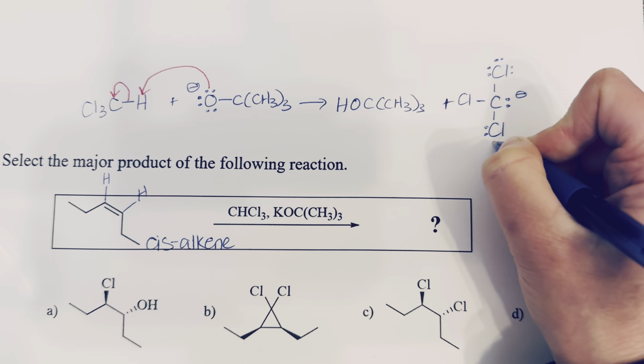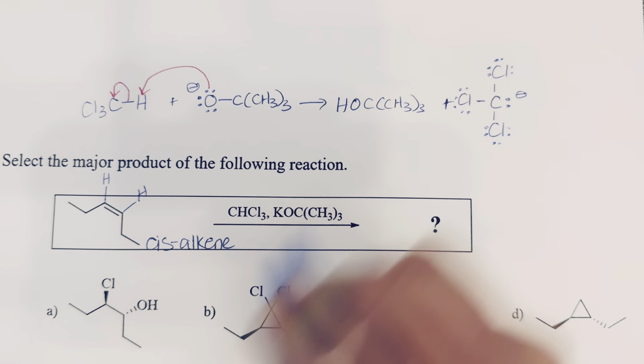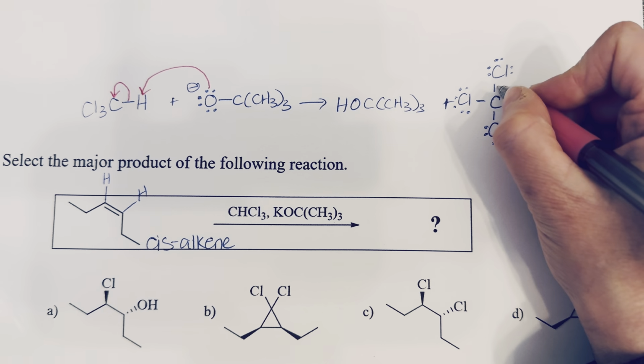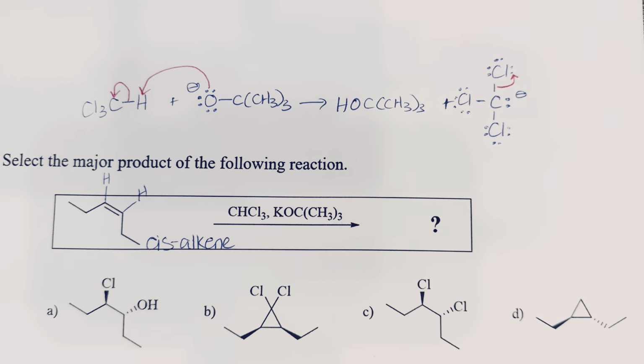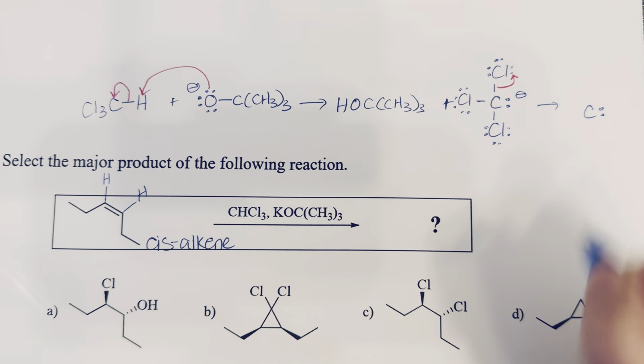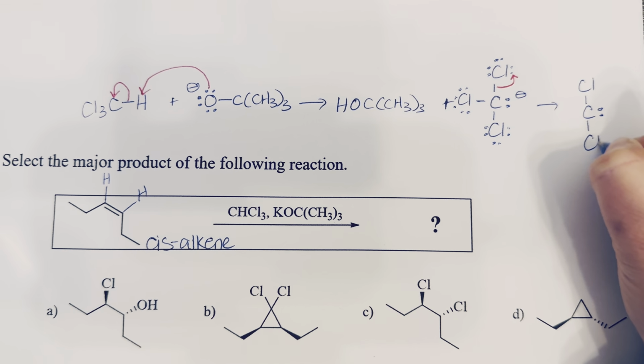And so what happens next in this reaction is we are going to eliminate one of the chlorines. So one of the chlorines leaves, and what that gives us is a carbon that has a lone pair of electrons. It has 2 bonds to chlorine.